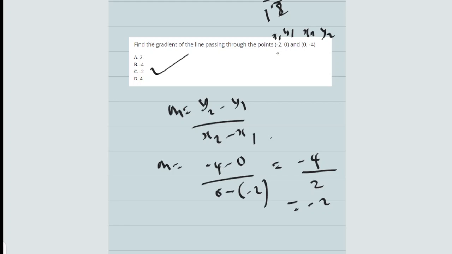Okay, another one. This is also not difficult to do. So we are asked to find the equation of the line. Let me copy it so that you see it clearly. Here you go.